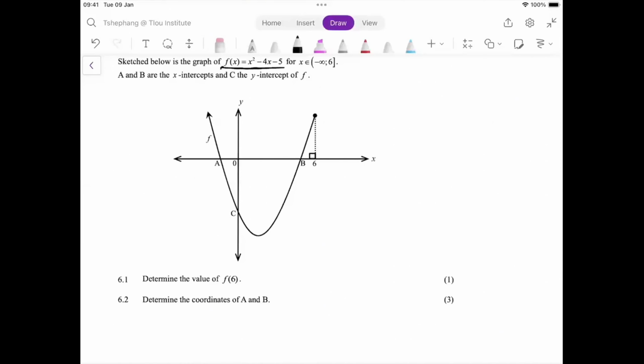Once you have an answer for me, please do share it in the chat or the Q&A. Okay, perfect. We're getting f of 6 is equal to 7. That's what I'm getting on my side as well. The only thing that we did is we said 6 squared minus 4 into 6 minus 5, and we found what that answer is, and it gave us a 7.